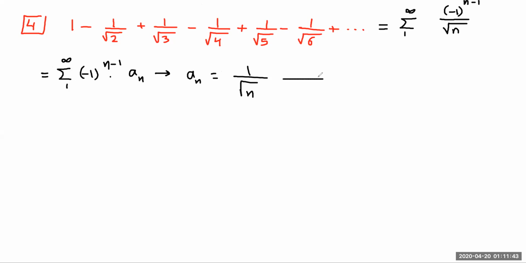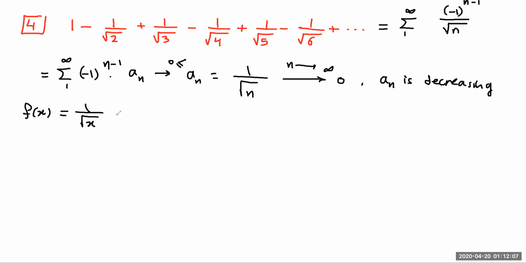So this is positive, always positive, and approaches 0 when n goes to infinity. And also a_n is decreasing. Because if you take f(x) equals 1 over root x, then f'(x) will be less than 0.